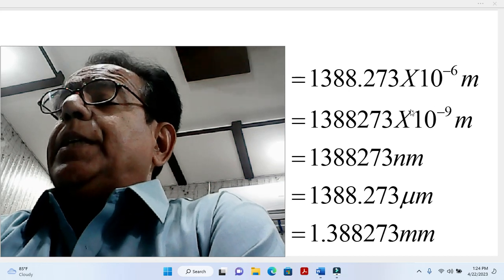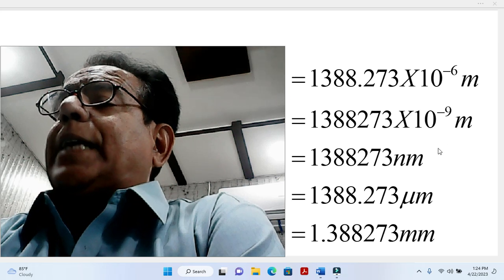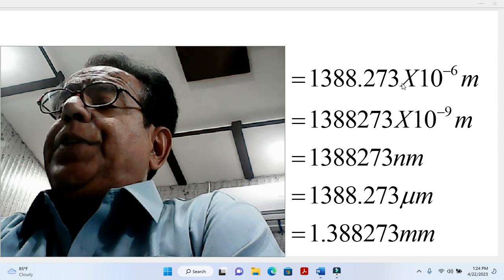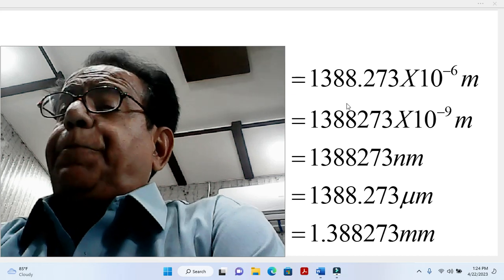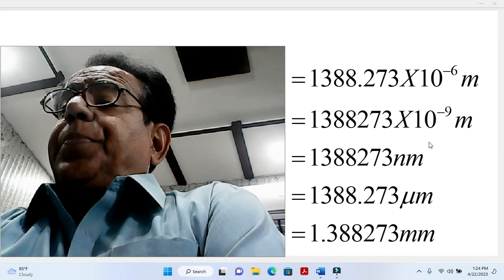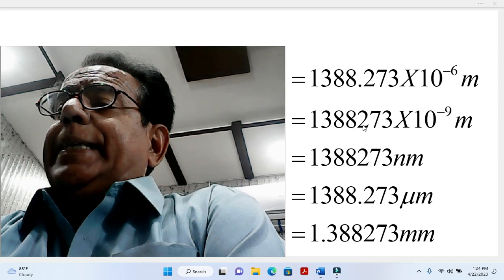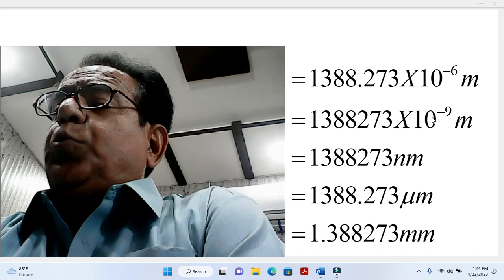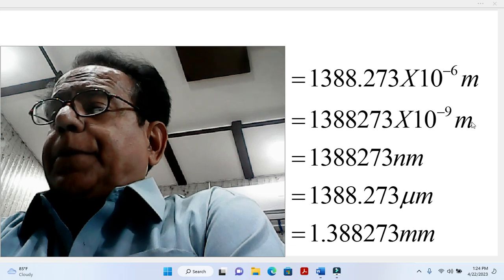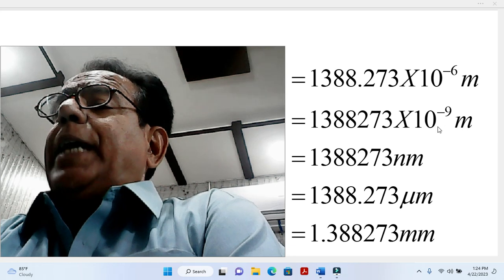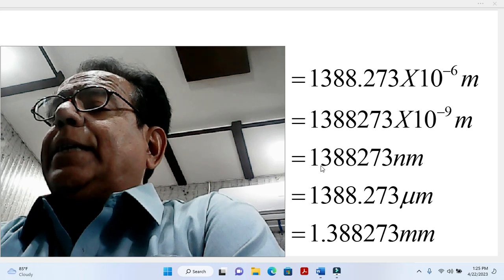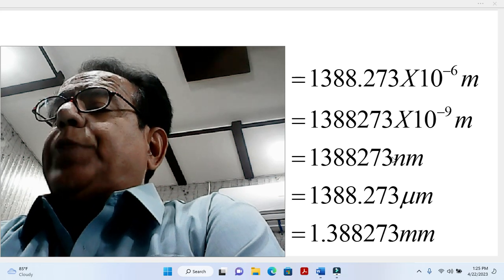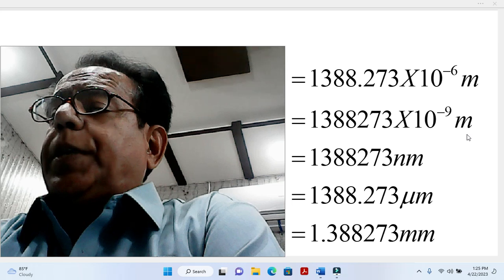These two values are exactly equal, only we have reshaped this quantity. 1388273 into 10 to power minus 9 meter. We know that 10 to power minus 9 is called nano, so here we can write 1388273 nanometer.